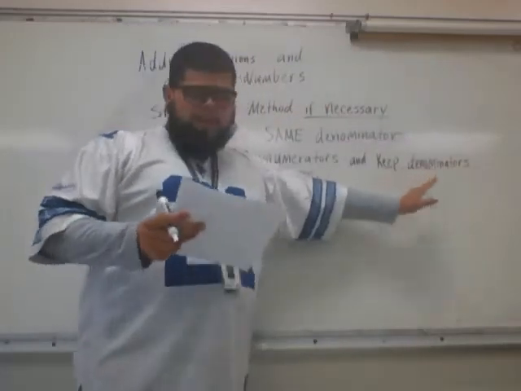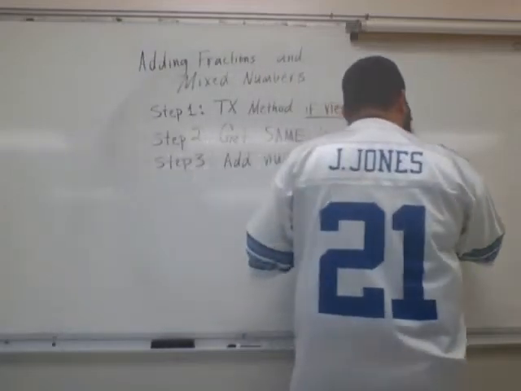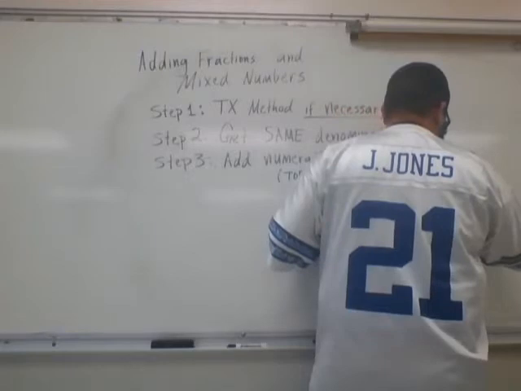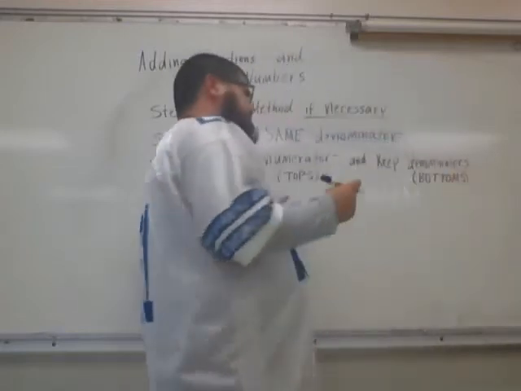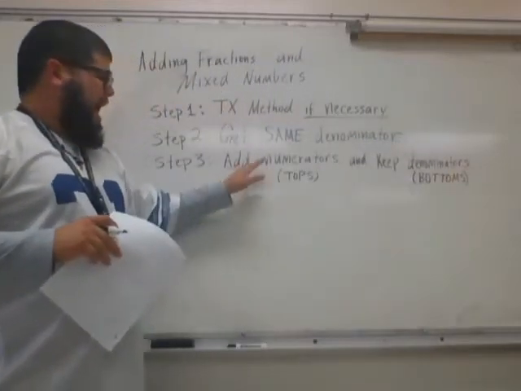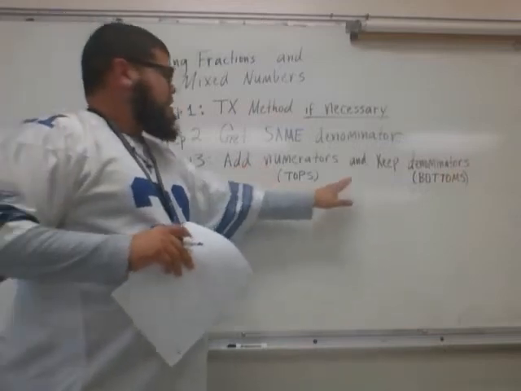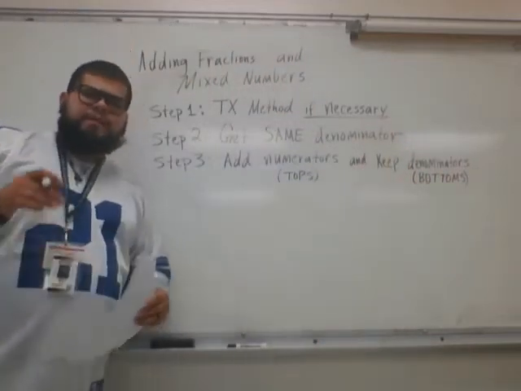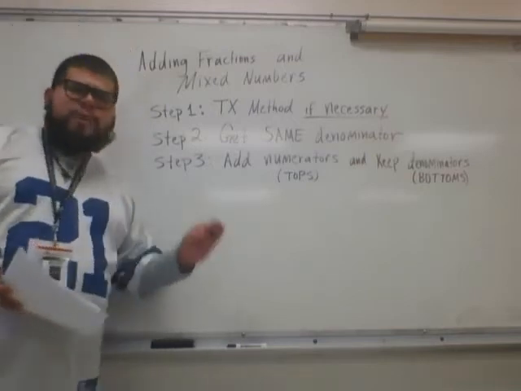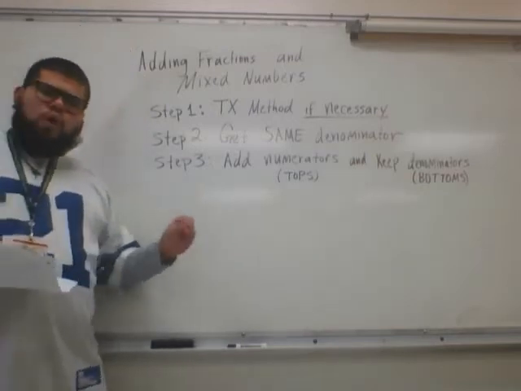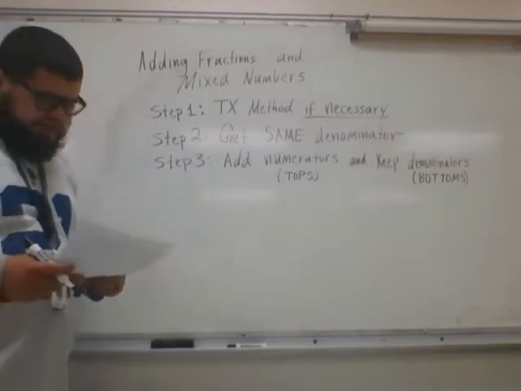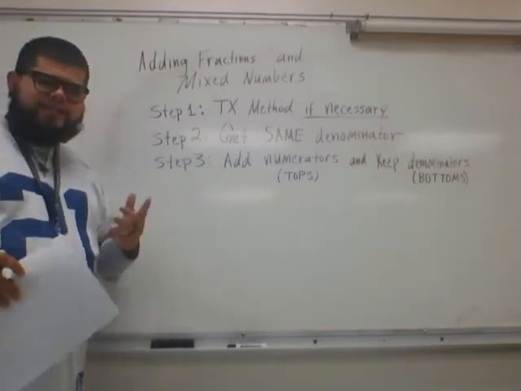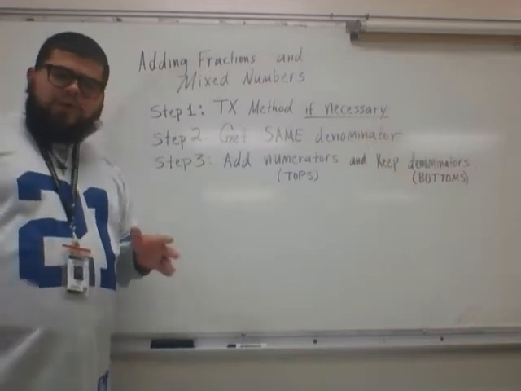Keep denominators, which we know as the numbers on the bottoms. So numerators, add the top numbers and keep the denominator the same. Okay? These are the three steps that we have to take in order to work out these problems, adding and subtracting. I'm sorry, not subtracting yet. We're going to get to subtracting. Adding fractions and adding mixed numbers. Okay, we're going to focus on those first.